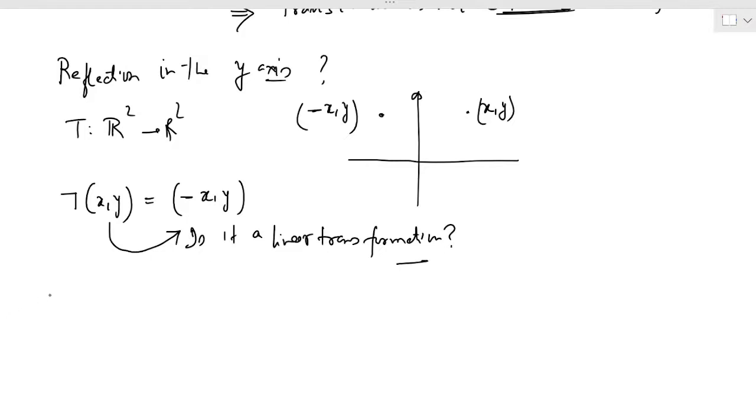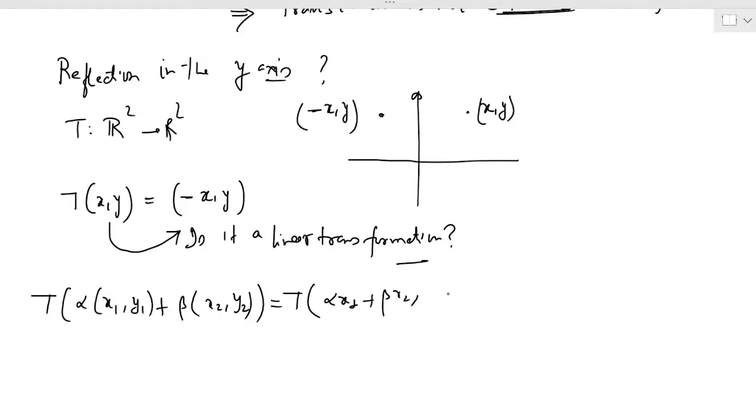Let's see how. If I take two points (x1, y1) and (x2, y2) with scalars alpha and beta, I get T of (alpha x1 plus beta x2, alpha y1 plus beta y2). What is it going to return me? It returns (minus alpha x1 minus beta x2, alpha y1 plus beta y2).